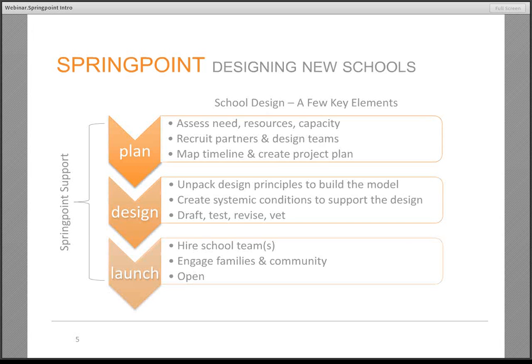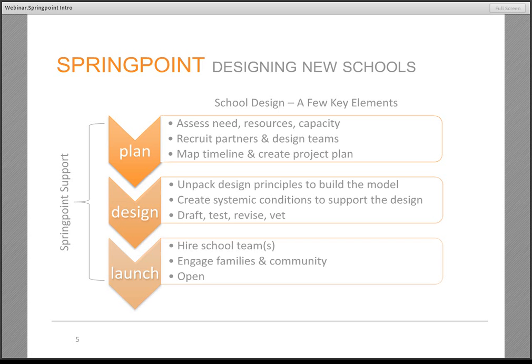Here's how it would work. We would work with selected districts and school networks that are selected because they have the interest, the policy conditions, and really the need to develop new forms of high school to meet the needs of students in low-performing high schools.